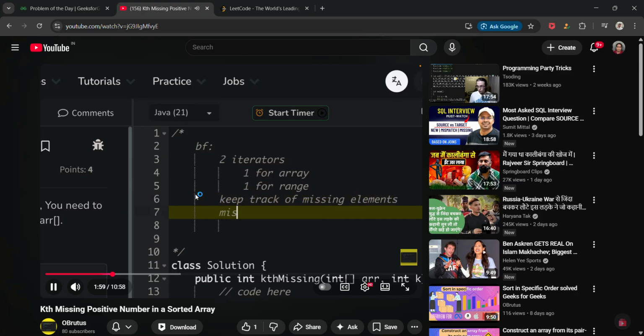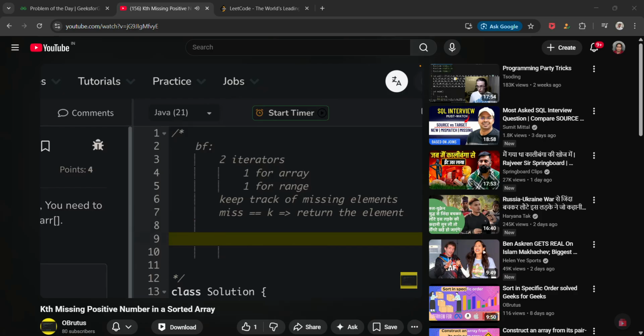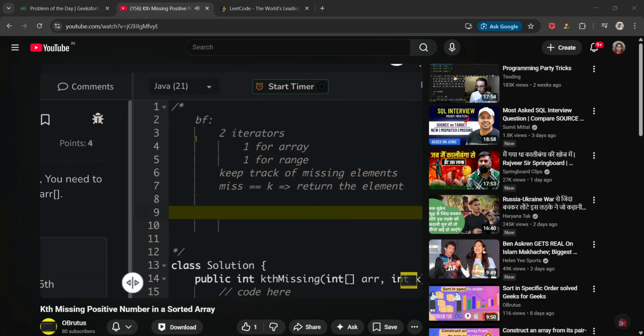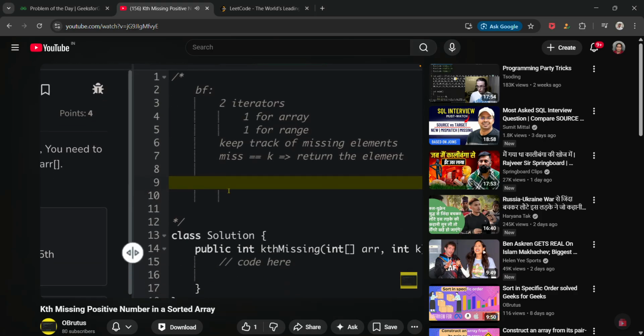If missing elements is equal to k, then whatever element from the range we get at that moment, we will return that. That is a brute force approach, but it will use the length of the array, and not to mention if the limit is too far, it will go ahead and check the limit. So it will be O of max of k comma n.